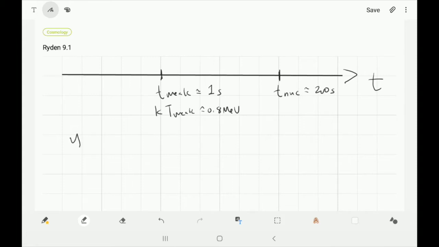So remember that Yp is defined as the ratio of helium-4 to all the baryons in the universe. This is a number that has been measured now at the percent level, and we'll go into a little bit more detail about this.